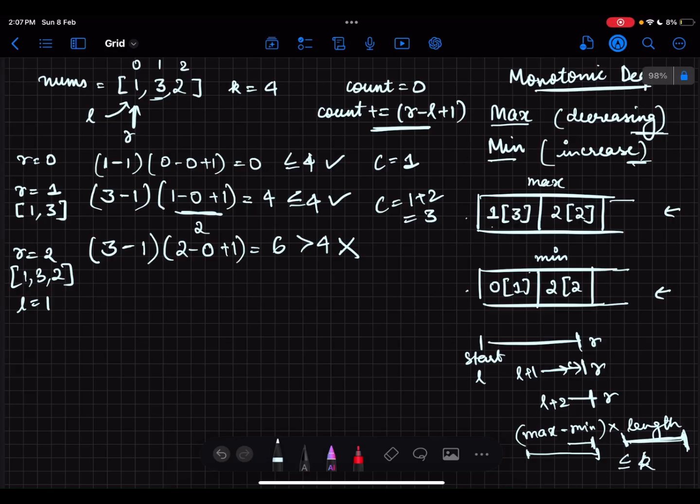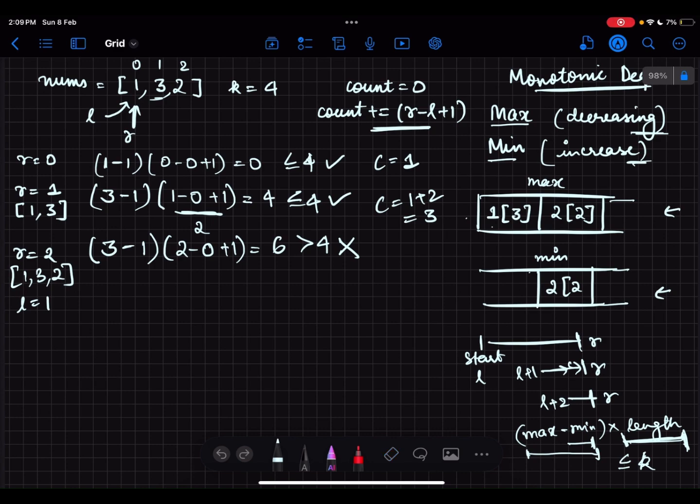So since L is 1, we check the front of the max DQ. It is not less than L, hence we leave it as it is. We come on to the minimum DQ. Since the front value 0 is less than L, or is outside the substring, we pop it out. And thus, this is our min queue now.